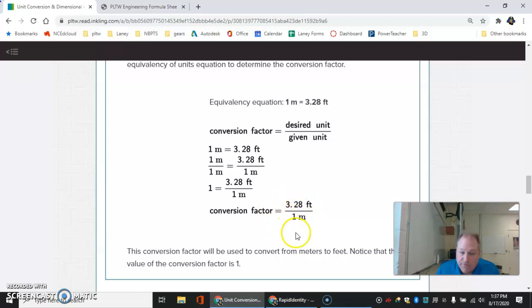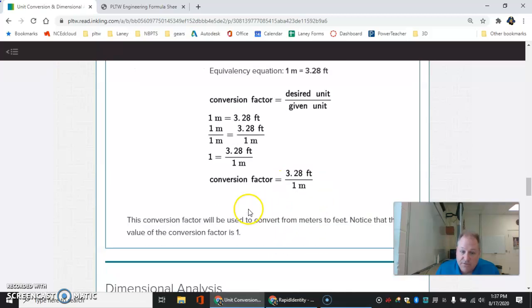And the conversion factor is always equal to 1. So I'm taking my measurement in meters and multiplying times 3.28 feet per 1 meter, and that will cancel out the given unit, which is meters, and leave you with the desired unit, which is feet.